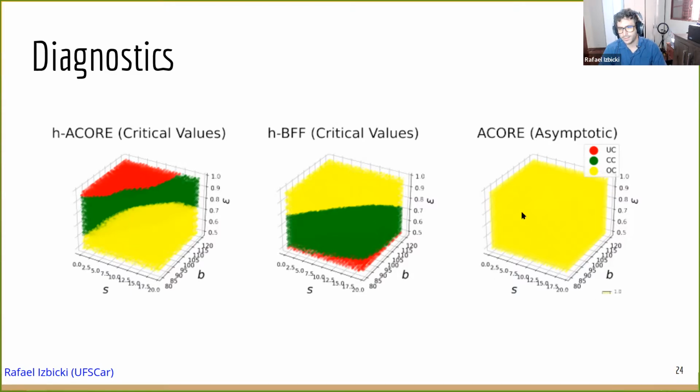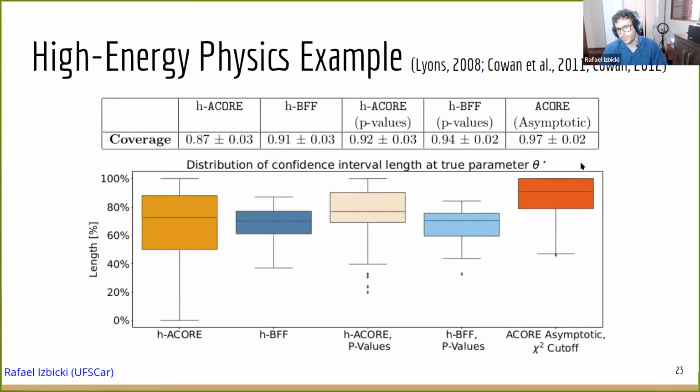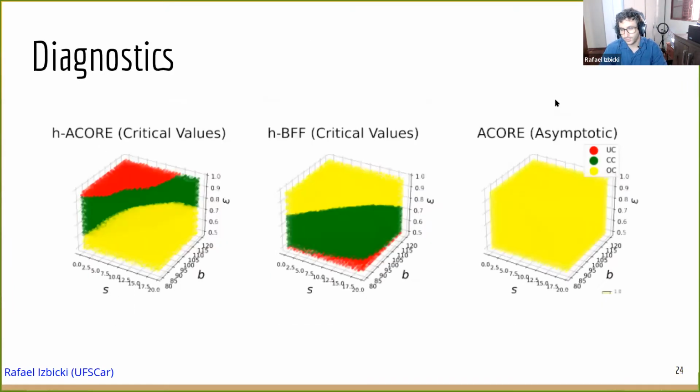And we're coloring the plots according to whether we have the right coverage, overcoverage, or undercoverage. So let's take the asymptotic version of ACOR as an example. What we can see is that it's overcovering the whole parameter space. So that's consistent with this finding at that particular value of the parameter space. So this is really happening all over the parameter space. It overcovers.